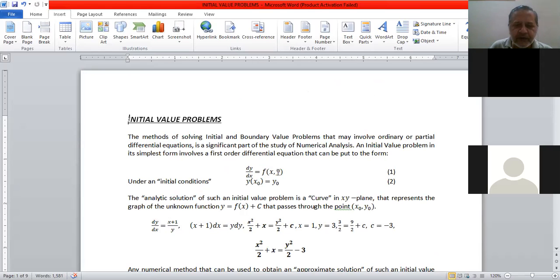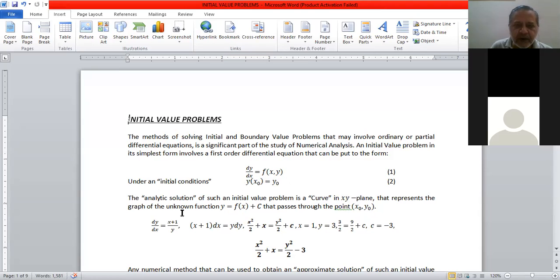If it is a first order differential equation, then you are given an initial condition where for some particular value of x, you are given a value of y. The analytical solution of such an initial value problem is a curve in the xy plane that represents the graph of the function y is equal to a function of x plus some arbitrary constant that passes through the point x naught, y naught.